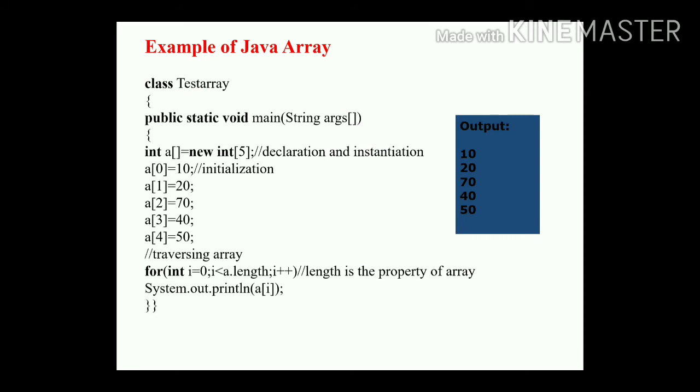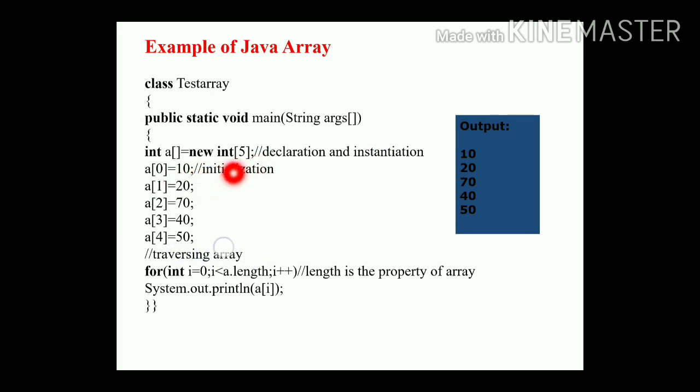Here is an example for the single-dimensional array. First we declare a class named TestArray, then an opening brace, then the main function, that is public static void main(String args[]), opening brace, int a[] = new int[5].